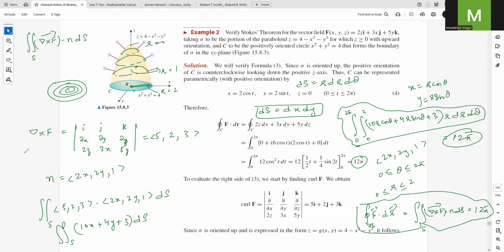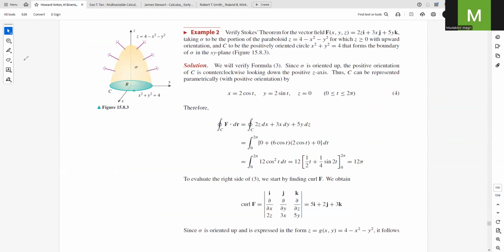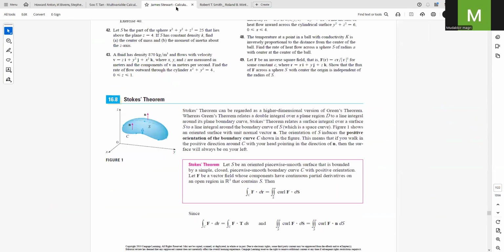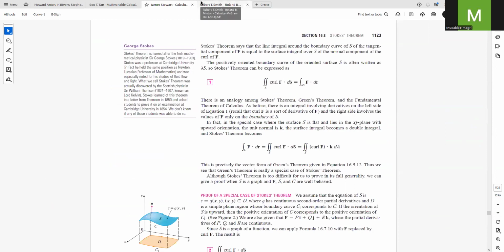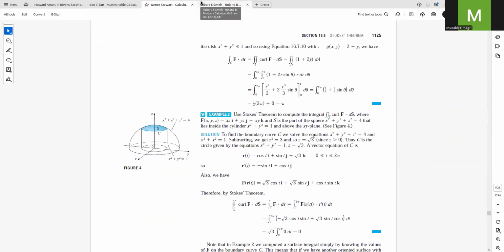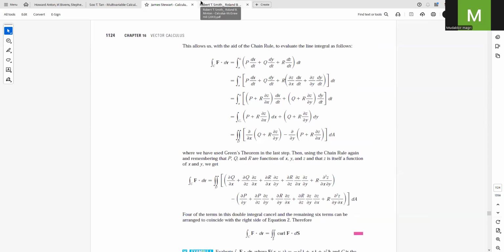Now we can take one more example as an application of this Stokes theorem. So let us solve this problem here.